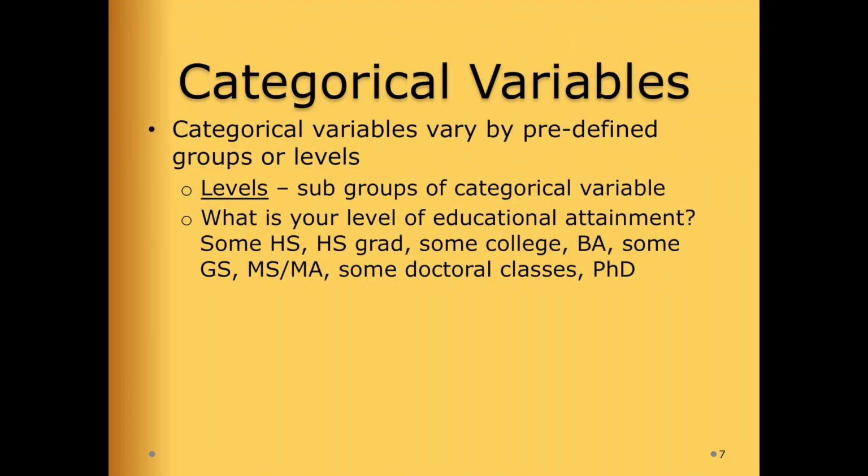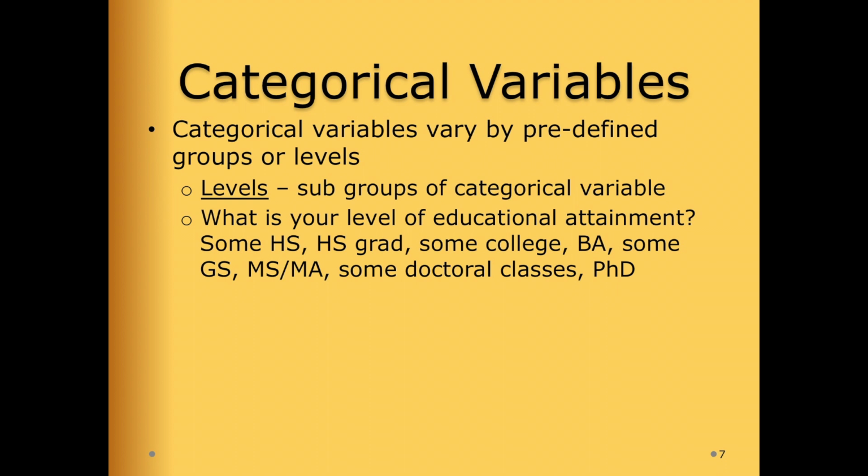In contrast to continuous variables, categorical variables result in the classification of an individual into one of several predefined categories. We can call the predefined categories levels. So earlier, we considered a categorical variable gender as having two levels, men or women. We could define the same variables discussed in the previous slides using categorical variables.